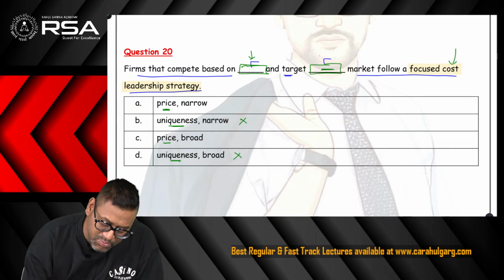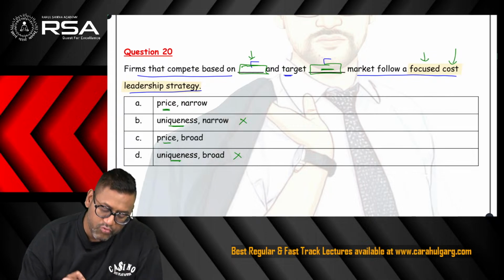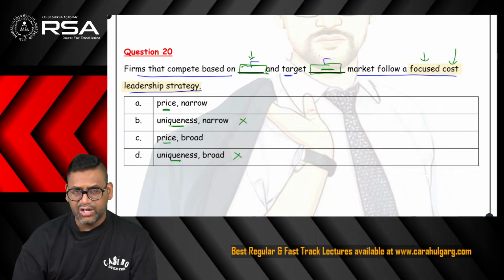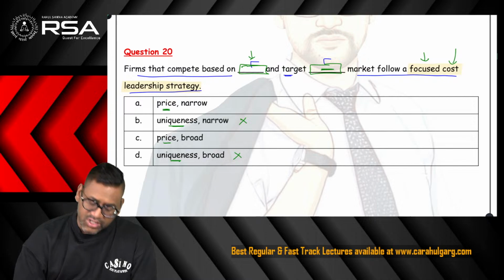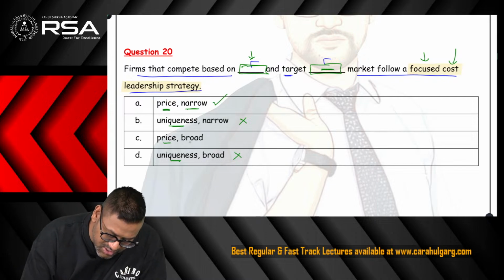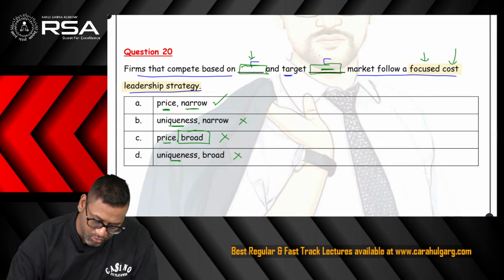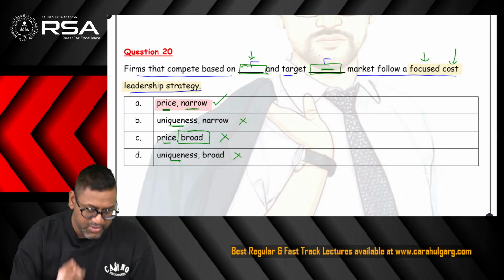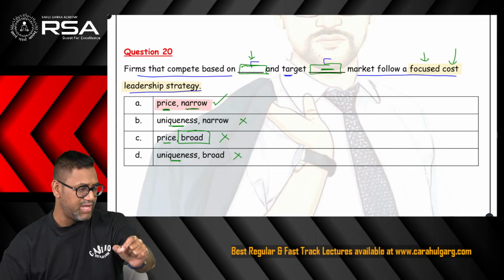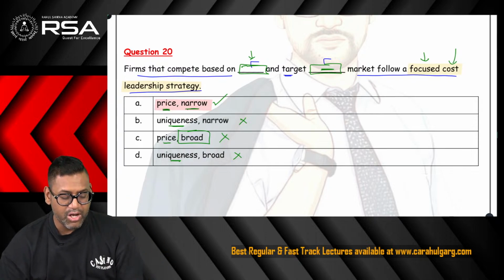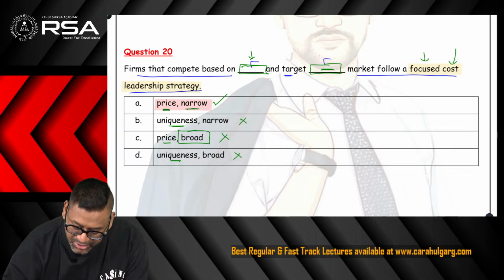And target dash market. If you are following a focused strategy, will you target a narrow market or a wide market? Obviously the narrow market, which is over here. So this is the correct answer. Over there it was broad, so it is the wrong option. The correct option is A, where we are saying firms that compete based on price and target the narrow market follow a focused cost leadership strategy.